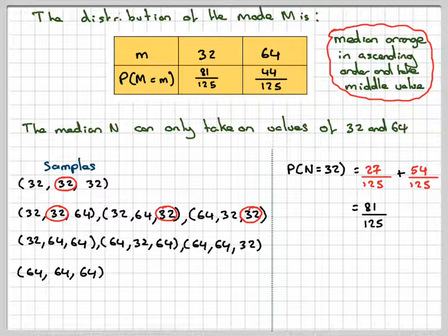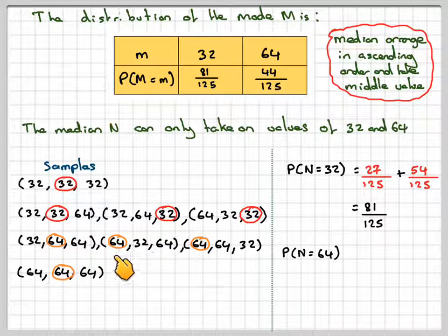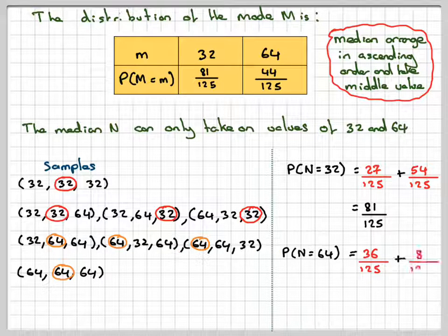Now, if the median is going to be 64, it means the first 64, that one, that one, that one, and that one. This one is already in order. These in order, so it will be 32, 64 if you put it in order. So the probability that n is 64 is 36 over 125, which is those 3 there, plus 8 over 125, which is that one there. So we get 44 over 125.